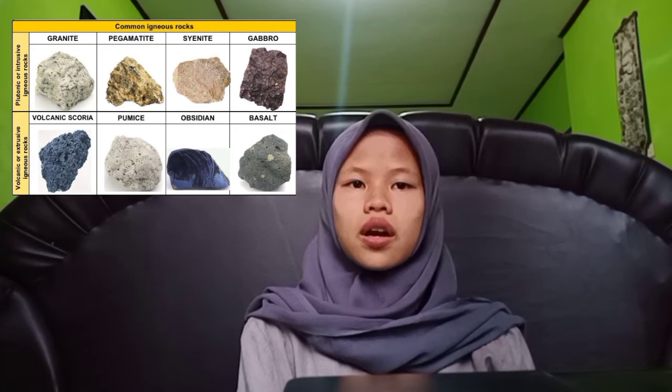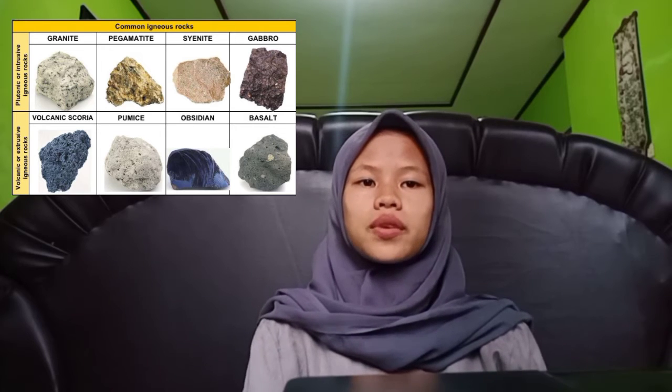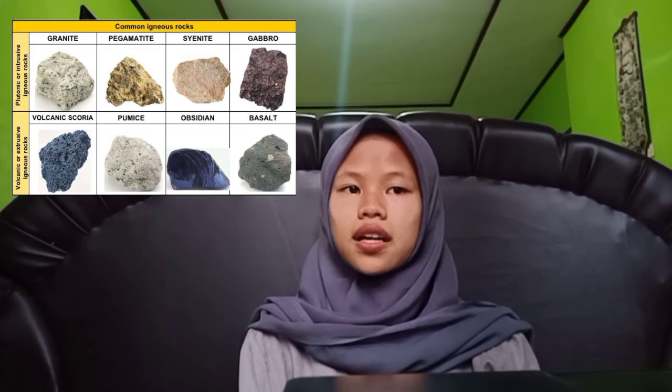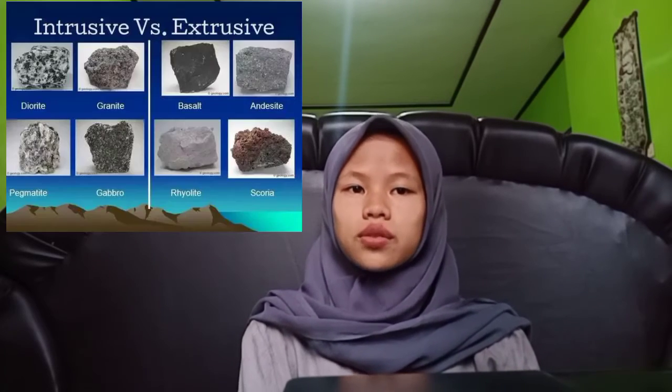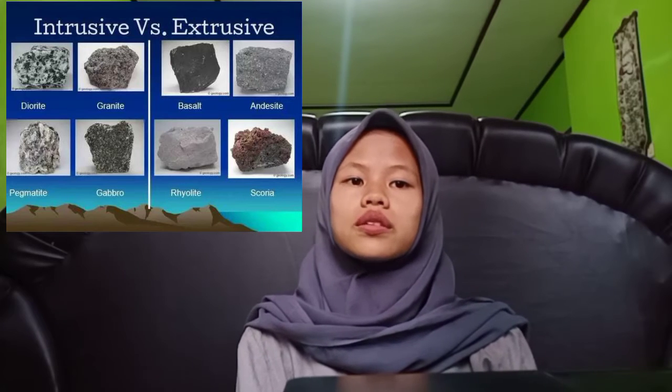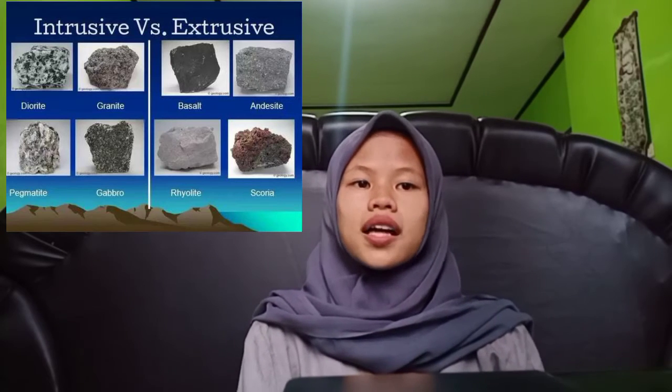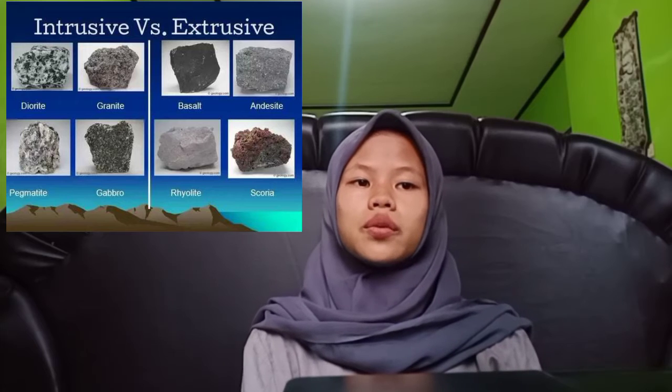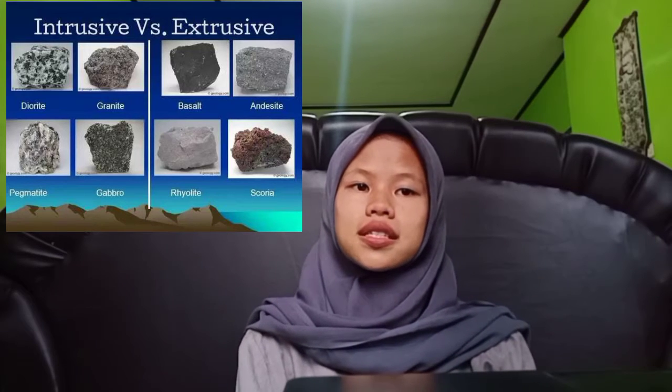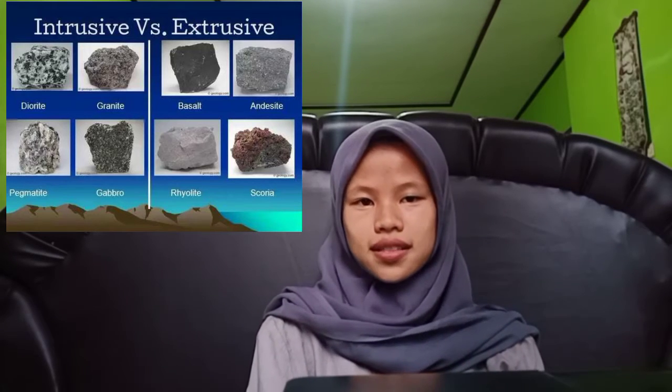The texture of this rock is coarse with fine grains like sand, and the most common type is basalt. At first glance, intrusive and extrusive rock look similar, so to distinguish between them a microscopic examination is required.